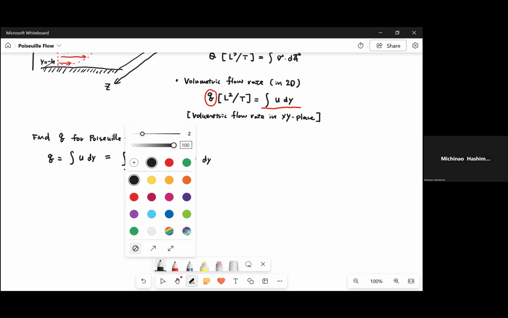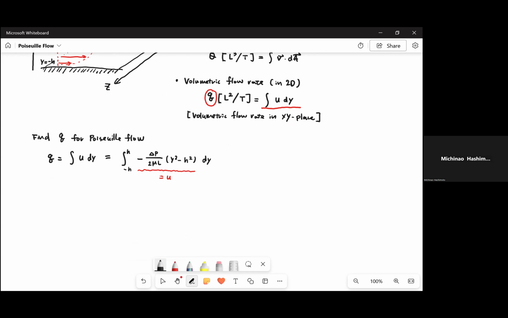So we can do the quick calculation. The calculation is just boring, but if you remember, we can also use the integration of the even function. It makes it a bit easier, because instead of going from minus h to h, we can just go from 0 to h, of minus delta p over 2 mu L times y square over h square dy.